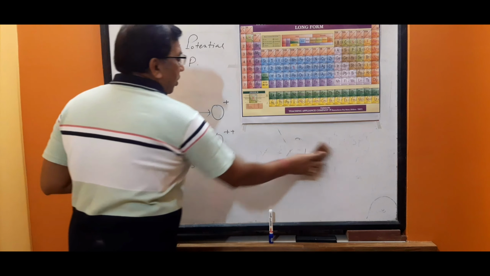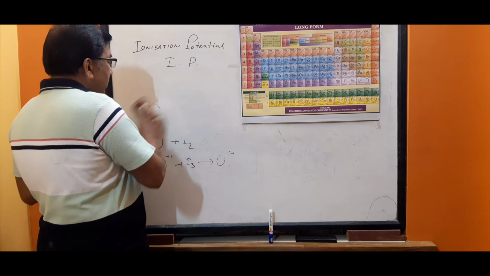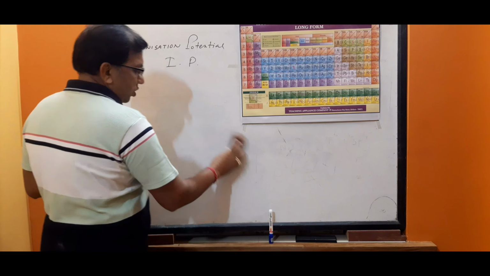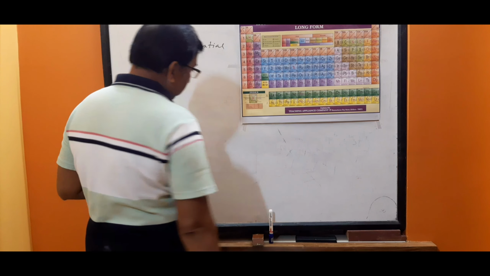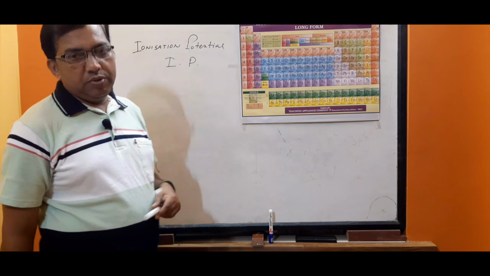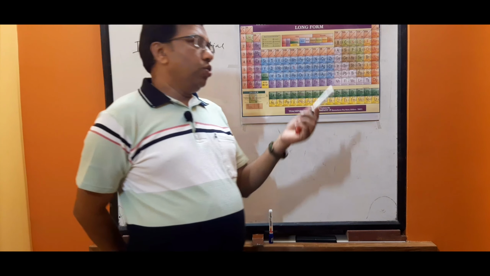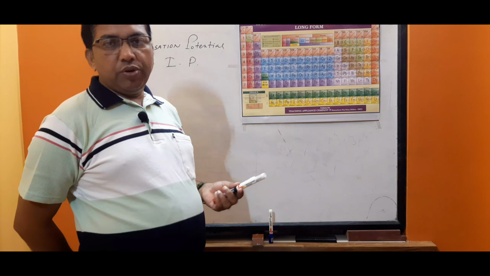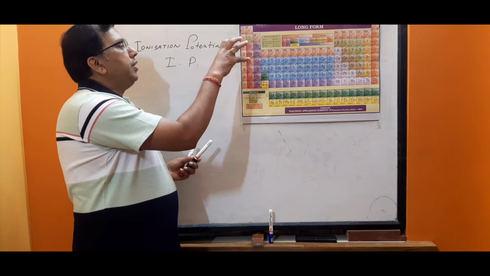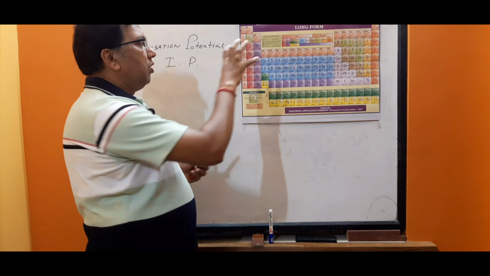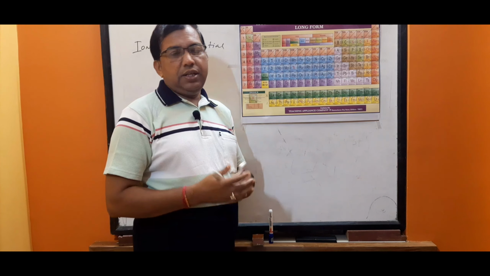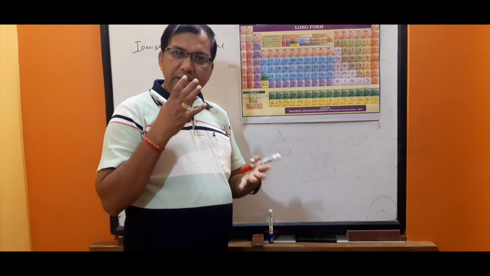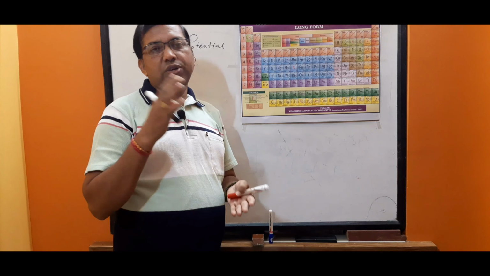Next, always remember ionization potential is just opposite to the electron affinity. The unit will be the same: electron volt per mole, and also kilocalorie per mole and kilojoule per mole. Here also there are some factors: the size of the atoms, the radius, the electronic configuration, nuclear charge, shielding effect, penetrating effect, and noble gas configuration.